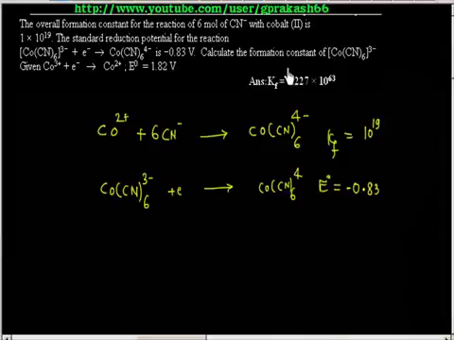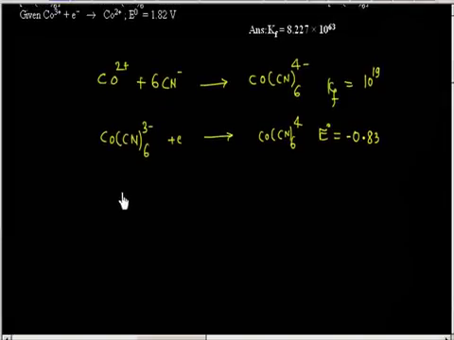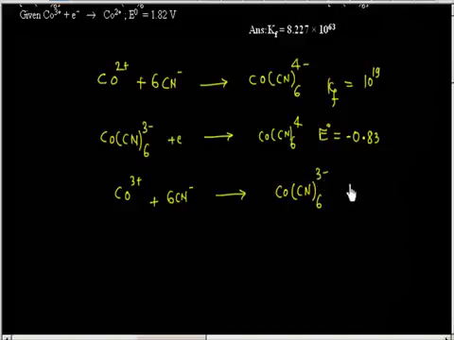Calculate the formation constant of this reaction, that is Co3 plus plus 6CN minus, which gives you Co(CN)6 3 minus. So we have to find the formation constant for this reaction.